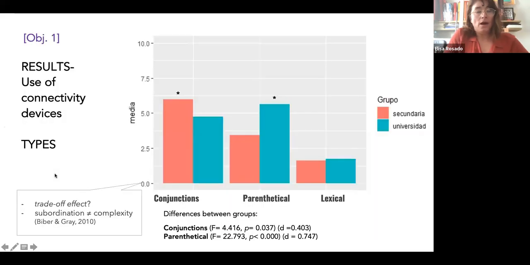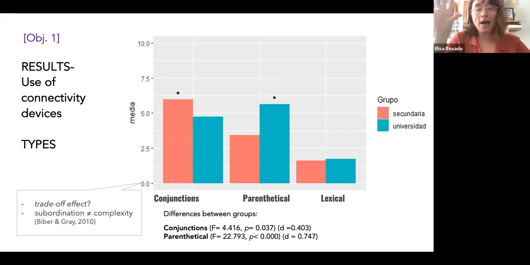Right. These are the results we got, and they are organized by forms, types and functions. These are the forms, the types. What the graph illustrates is that differences are to be found in the use of conjunctions and parenthetical markers, as far as form is concerned.